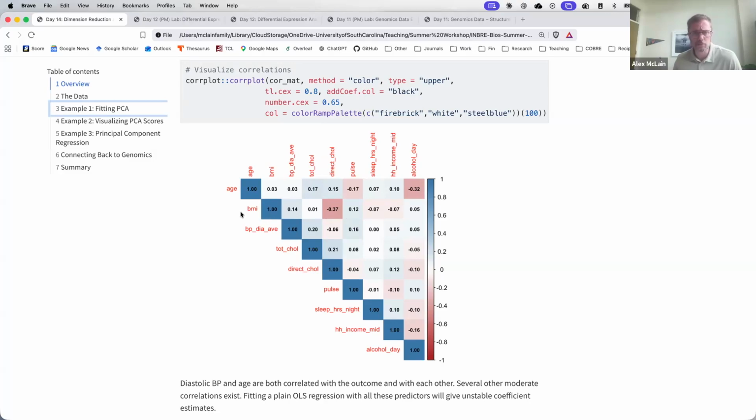It could be that BMI is predicted very well through a combination of cholesterol, sleep, pulse, something like that. So looking at this, I'm not really worried about collinearity based on this. Still could be a problem, but likely we're going to be okay with this data set.